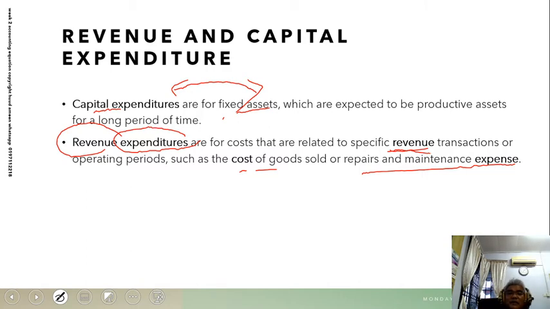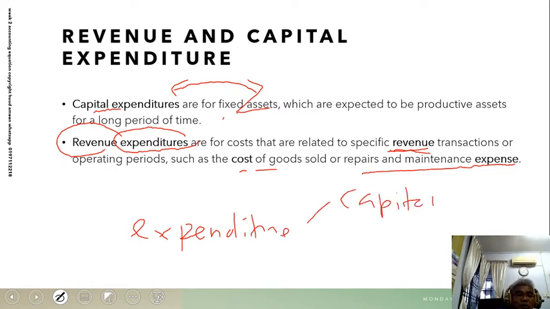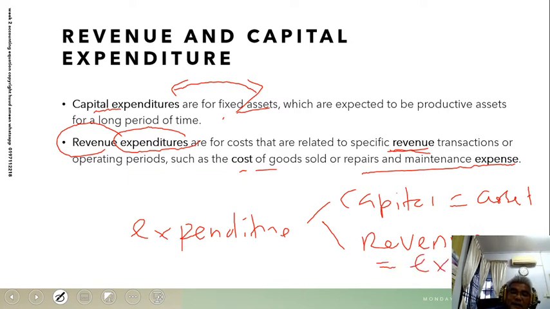To get revenue, you have to spend or sacrifice the cost of goods sold or repair and maintenance expense. So you have to remember, expenditure can be divided into two, that is capital and also revenue expenditure. Capital is for asset and revenue expenditure is expenses.